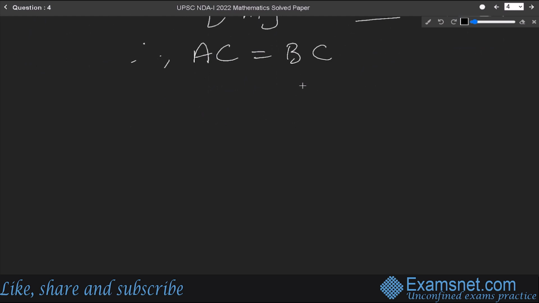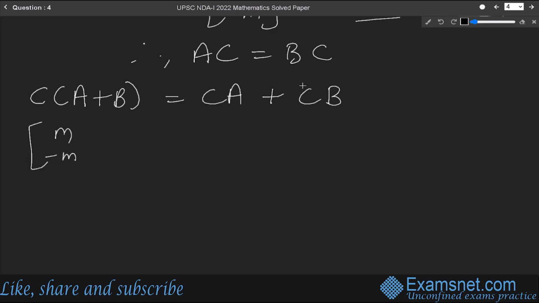Now let us see option C, which is C into A plus B is equal to CA plus CB. First, solving the left hand side, we get [m, minus m] into [m n] plus [minus n, minus m].